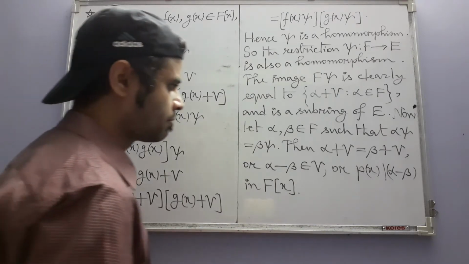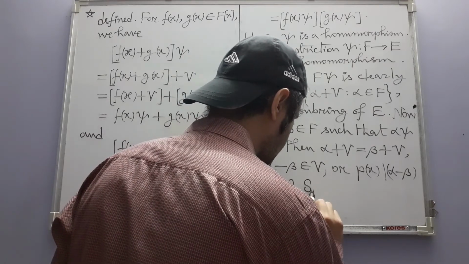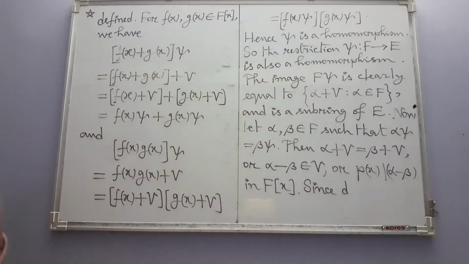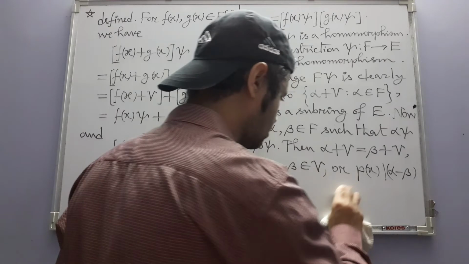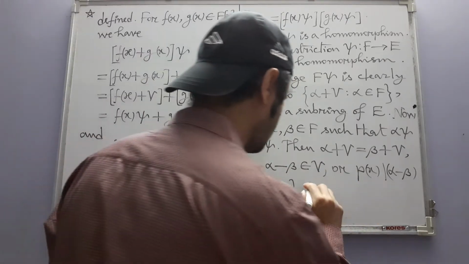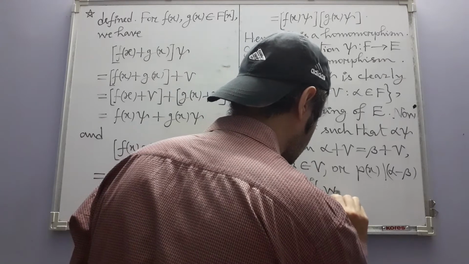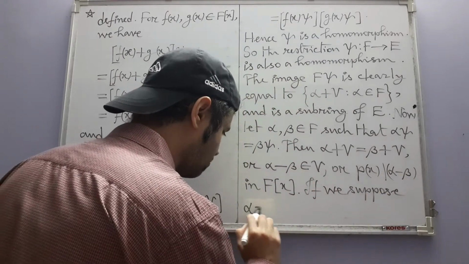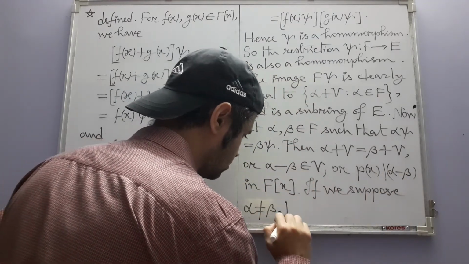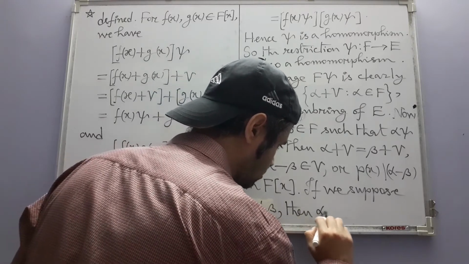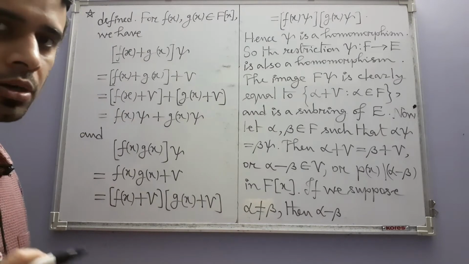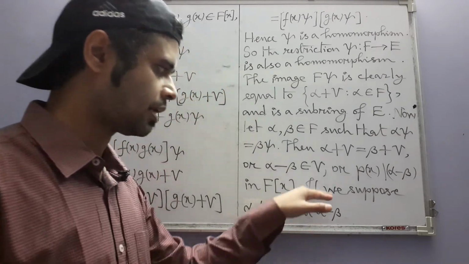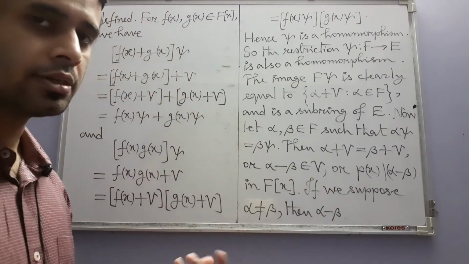Okay. Now, if we suppose alpha to be not equal to beta, then alpha minus beta is a non-zero polynomial, but it's a constant polynomial, and because of its non-zeroness, under our supposition, it will have a degree and its degree is 0.